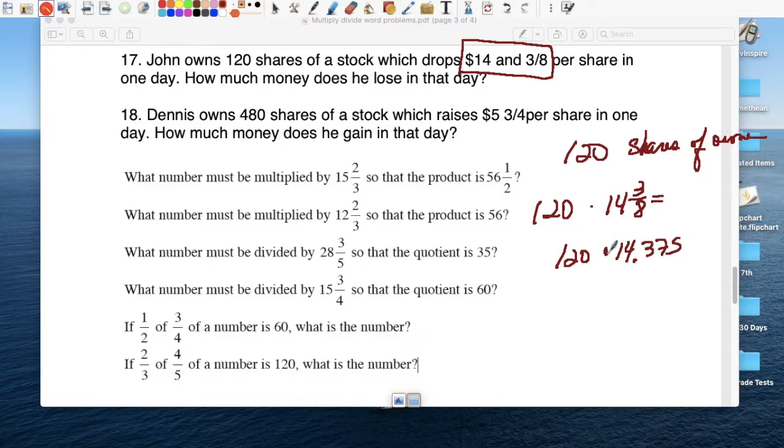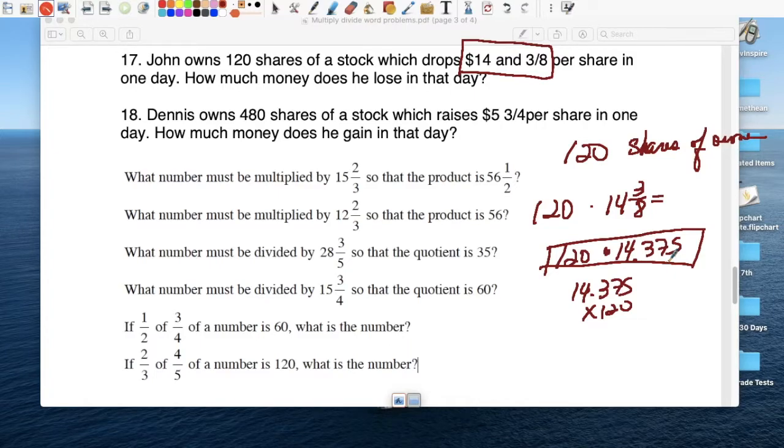Or you can change this to an improper fraction and multiply. It's really up to you. I personally, in this case, think this is the better way to multiply these two numbers. I'm going to cheat here in the interest of time, and my laziness.